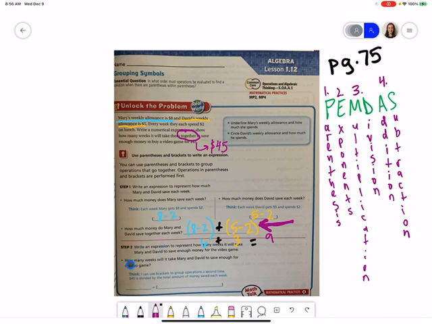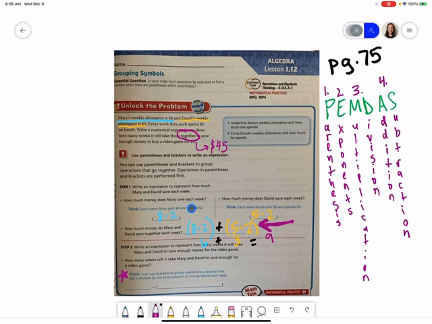All right, step 2. We're going to write an expression to represent how many weeks it will take Mary and David to save enough money for the video game. And then it gives us a little hint down here. Think, I can use brackets to group operations a second time.